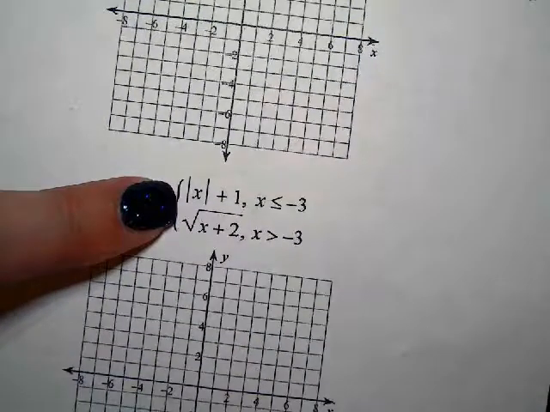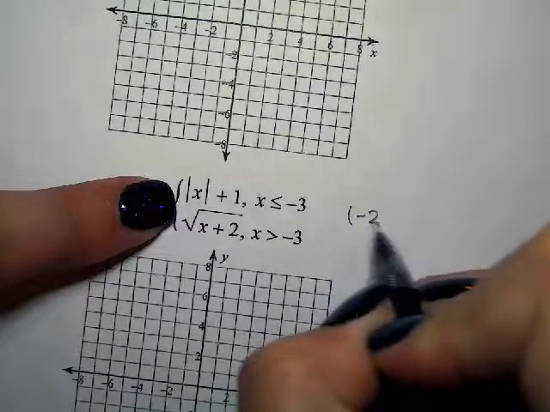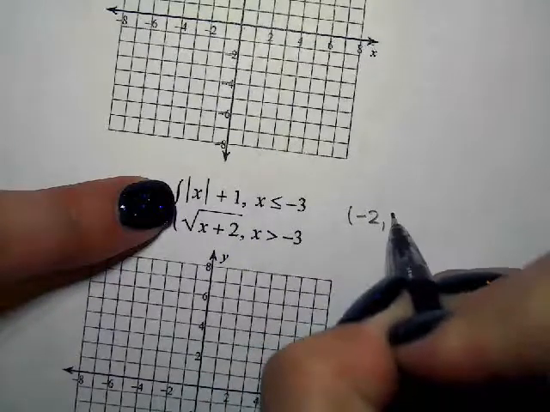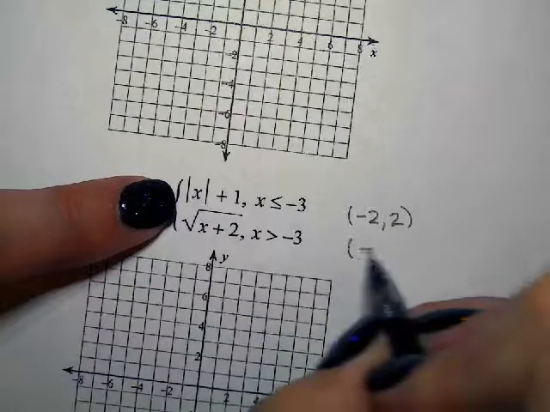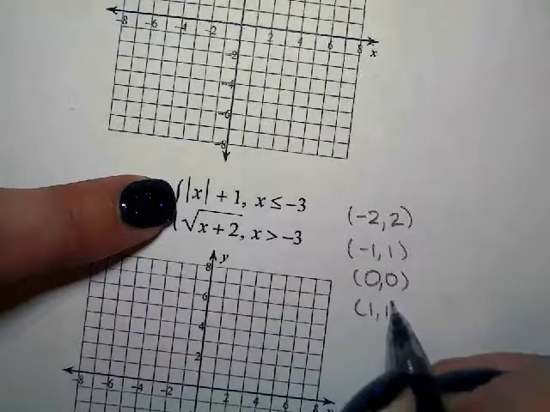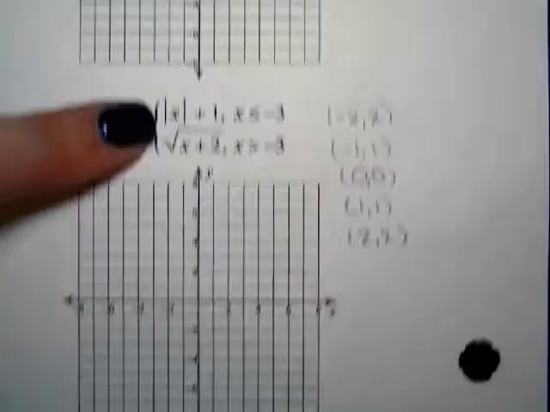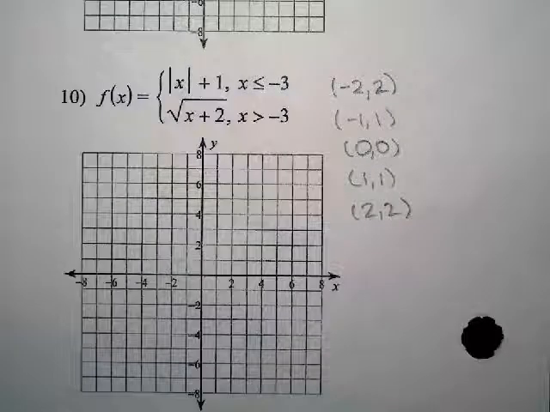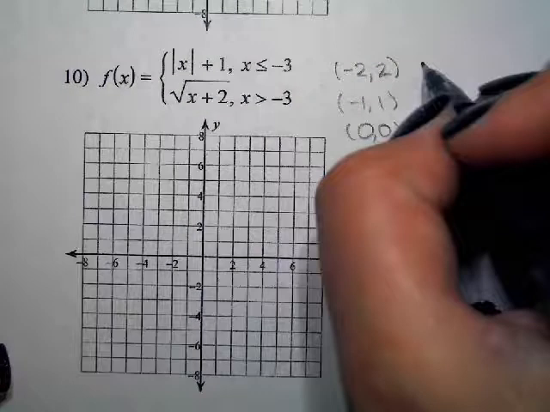It's okay. -2, 2, -1, 1, 0, 0, 1, 1, 2, 2. Okay. And then what are we going to do with all of those points? Transform them. Up 1. Up 1 for all of those points. After this, would it be helpful if I wrote all the little charts on the board for you? Yes, very helpful.